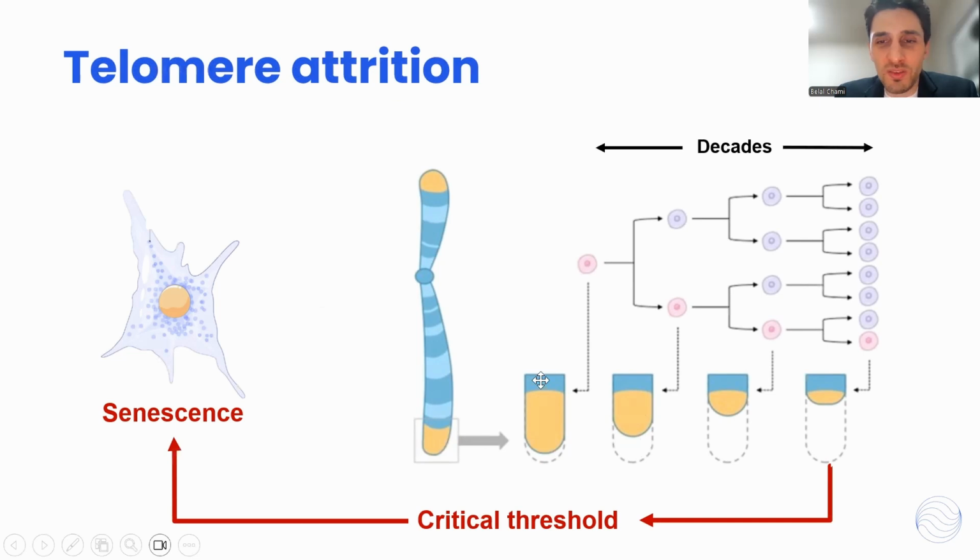And this is a normal occurrence. But when the DNA is lost to a certain point, we call that the critical threshold. It signals for the cell to become senescent. And this is one reason why cells become senescent, simple aging.